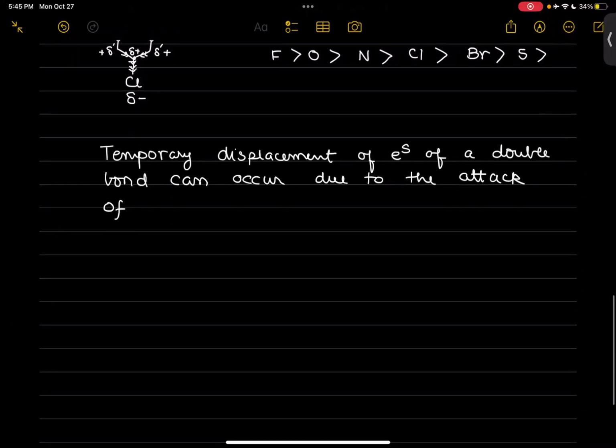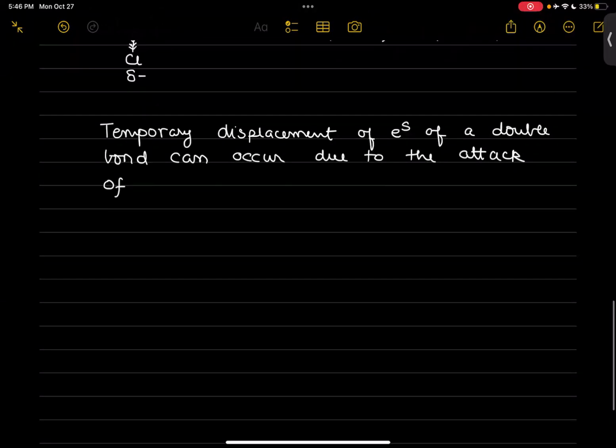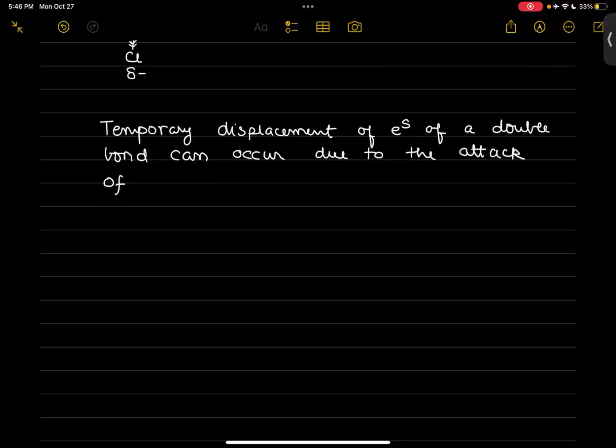Is it clear? It occurs due to the attack of an electrophile or a nucleophile. Temporary displacement of electrons of a double bond can occur due to the attack of an electrophile or a nucleophile.